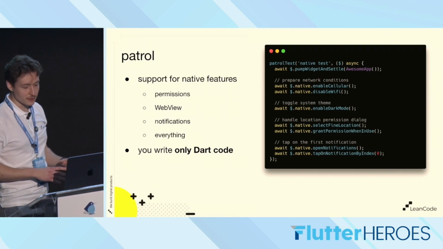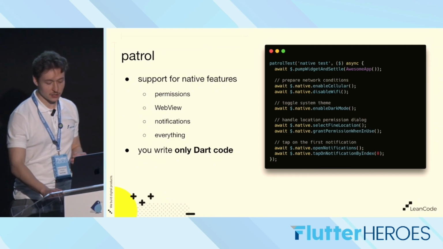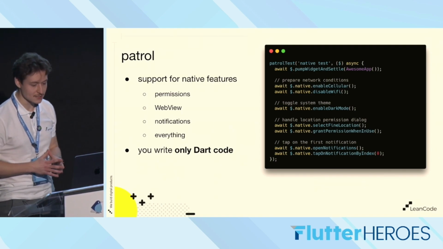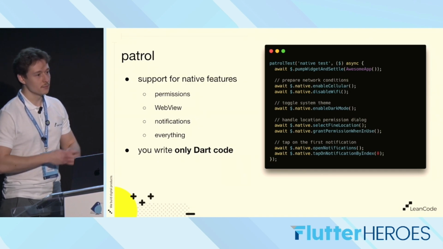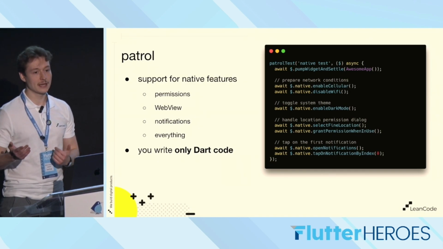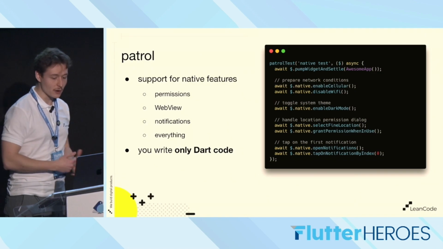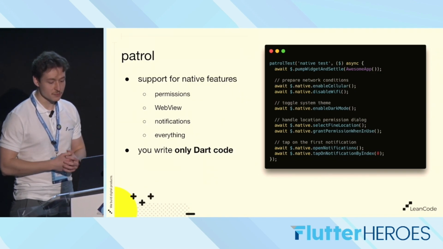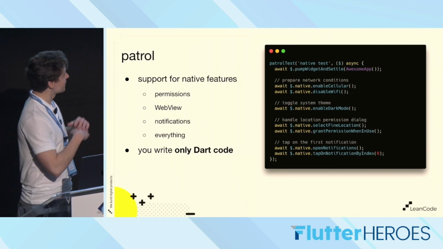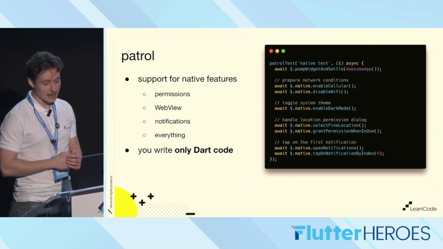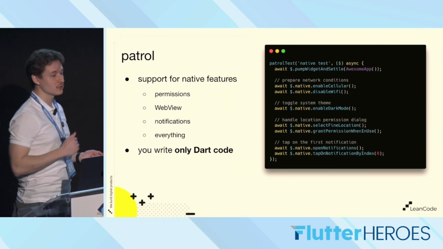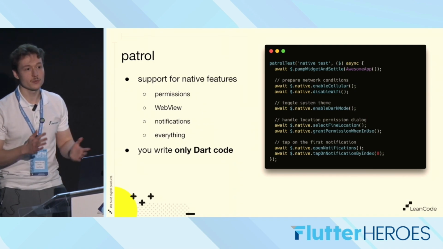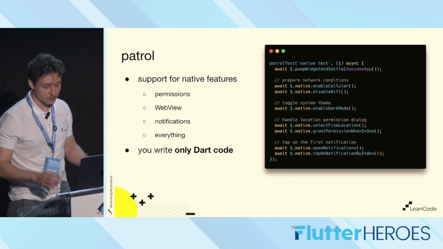So $.native, as you can see, we have some convenience methods for you already for the default use cases, like enabling cellular, because you probably want to check how your app behaves in offline mode, disabling Wi-Fi, maybe toggling system theming, handling location permission dialogues, of course, as well as other permission dialogues, opening the notifications tray to tap on the notification, a common scenario that our clients want to check if something happens well in the process after they get a notification.